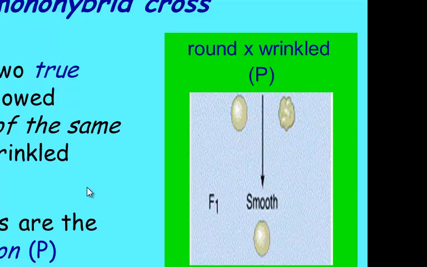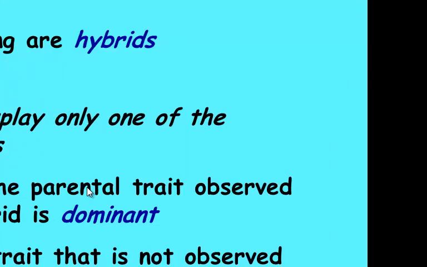In this case, you can see he crossed a round and wrinkled seed, and 100% of the F1 generation was round. Again, that didn't follow what he expected based on the blending theory. So he determined that all the F1 offspring were heterozygous, or hybrid, with characteristics from both parents.